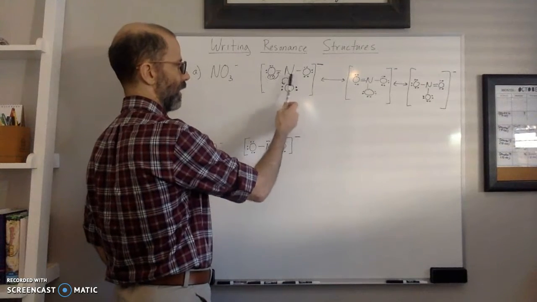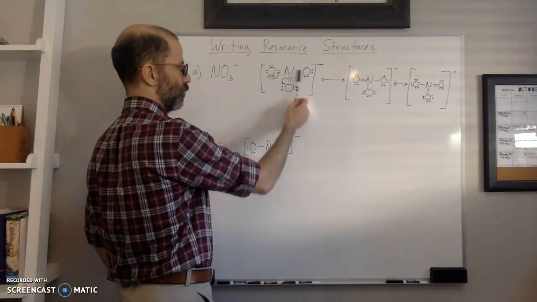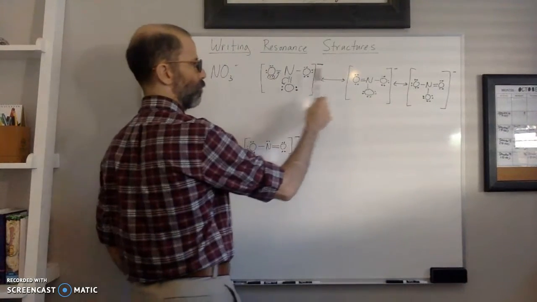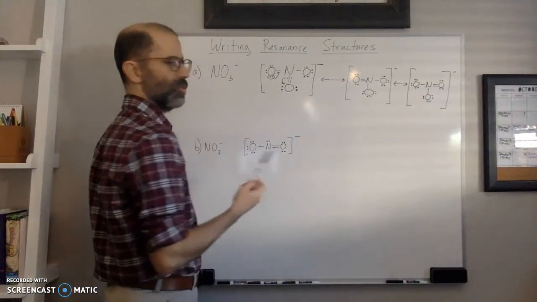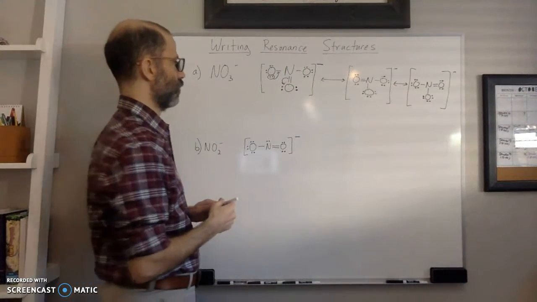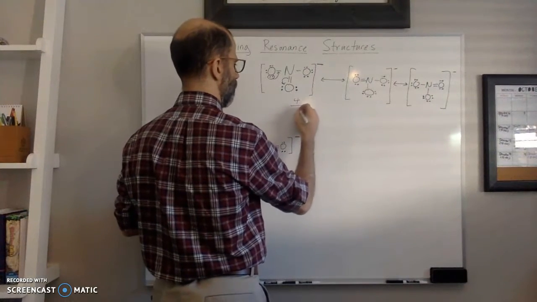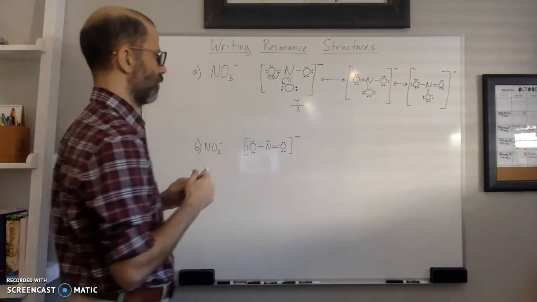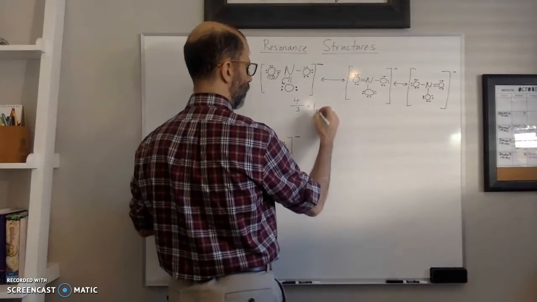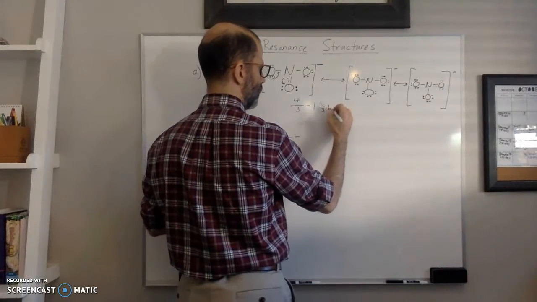The total number of bonds you have in your molecule is 1, 2, 3, and 4, and all of them have 4 bonds. But then you have 3 different structures. So if you divide the number of bonds by 3, you get 4 thirds. So this gives you 1 and 1/3 bonds.